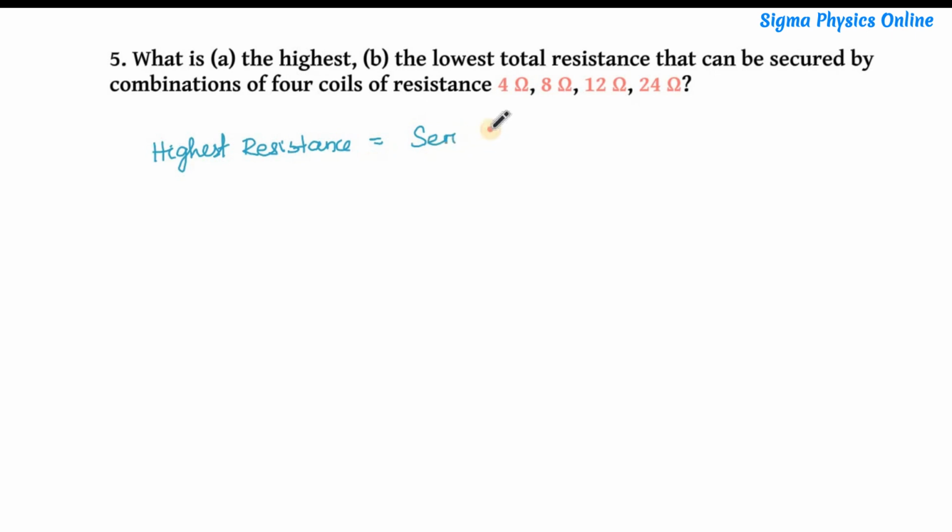So if we connect all the resistors in series, we'll get the highest resistance because all the values just add up. So the value which comes out to be will be the highest. To get the lowest resistance, we have to connect all of them in parallel. So parallel combination reduces the overall resistance of the circuit and produces the lowest resistance.